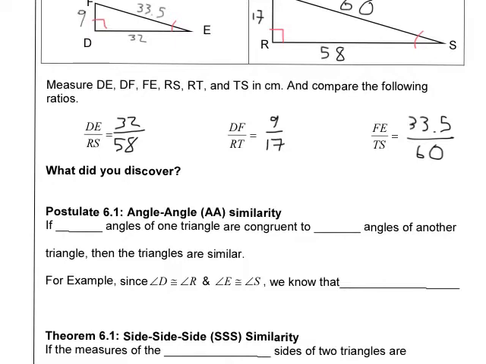So this is postulate 6.1: if two angles of one triangle are congruent to two angles of another triangle, then the triangles are similar. That's what we just demonstrated with that little bit of math. So for example, since D is congruent to R and E is congruent to S, that's enough information to say triangle DEF is similar to triangle RST.